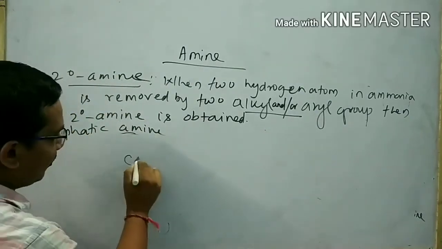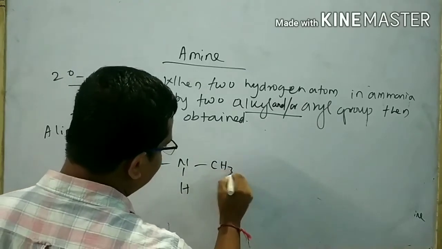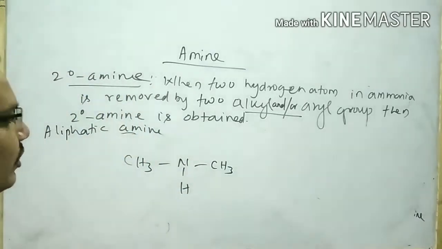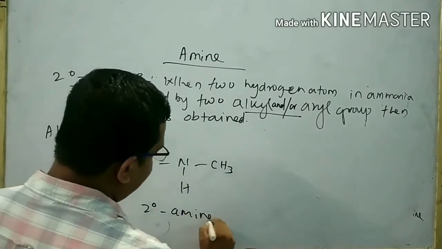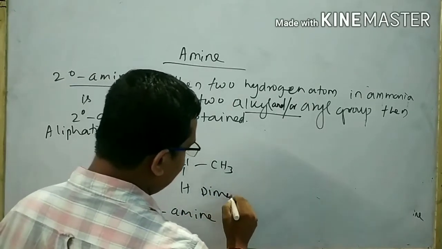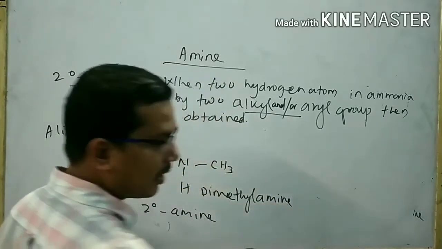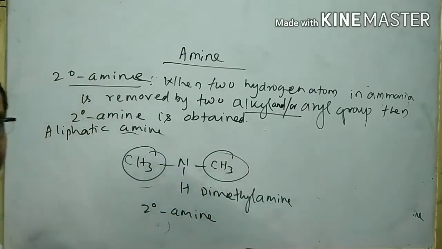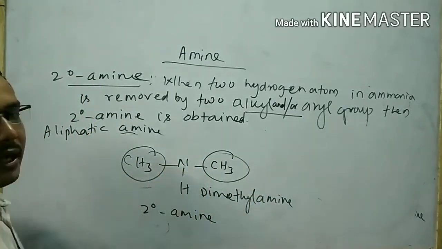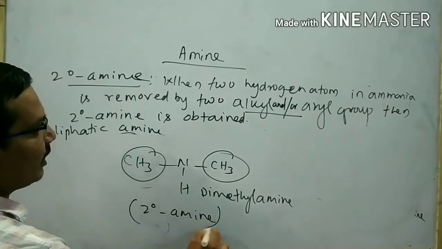Suppose take an example. Look at the example, CH3-NH-CH3. This is said to be 2 degree amine, and its name is dimethyl amine. Here two methyl groups are present. That means two alkyl groups are present, so it is said to be 2 degree amine.